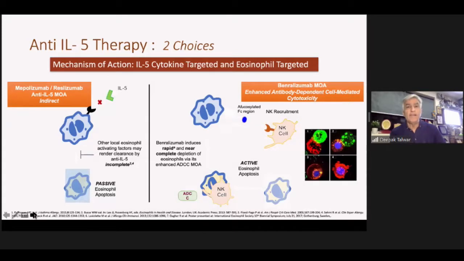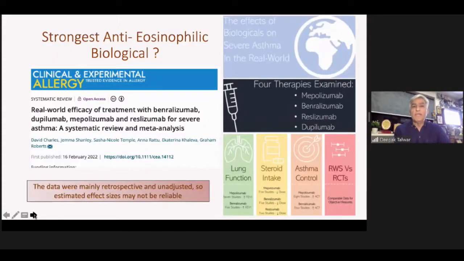In anti-IL-5 therapies, we have two drugs available: mepolizumab, which neutralizes the free circulating IL-5 in the blood, and benralizumab, which binds to the receptors of IL-5 on the eosinophils, and with the help of natural killer cell recruitment leads to apoptosis of eosinophils and complete disappearance of eosinophils from the blood. But is one of them stronger than the other one?